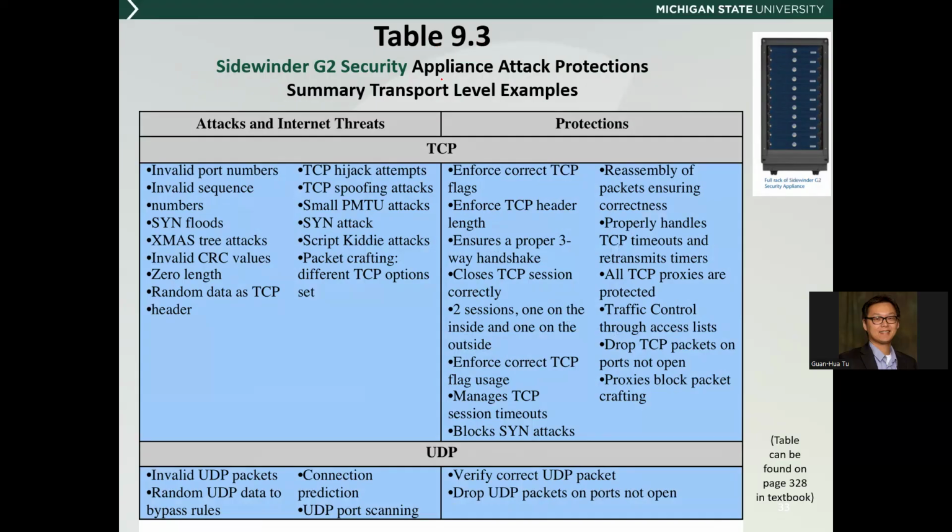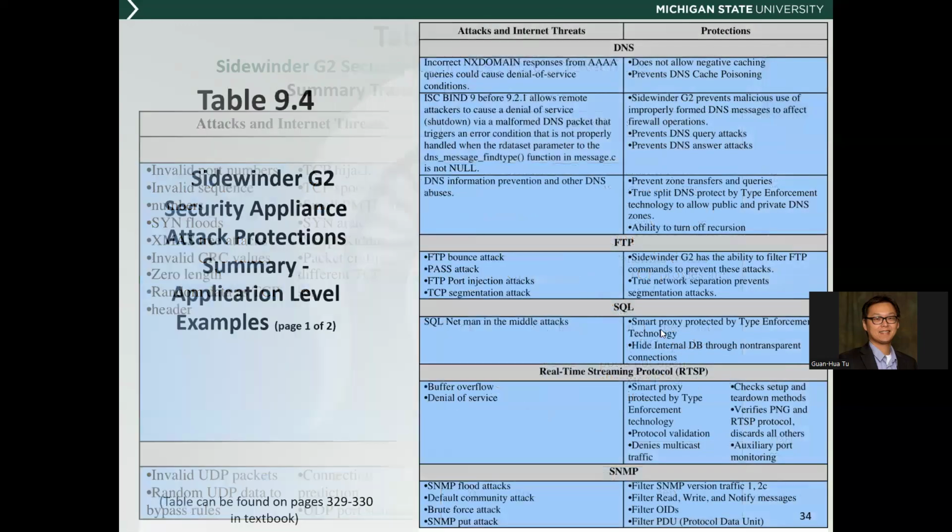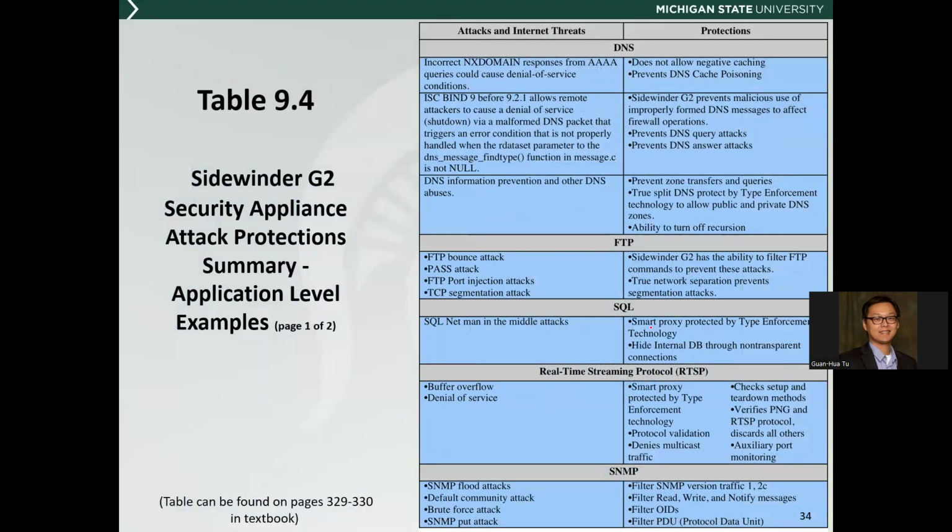It can defend against a lot of attacks. Here I just give you some idea. In the IP layer, it can handle invalid port number use, invalid sequence number, and SYN flooding attacks. And in the TCP layer, it can handle inverted TCP, UDP packets or random UDP data used to bypass the rules. So you can see it defends against a lot of different attacks.